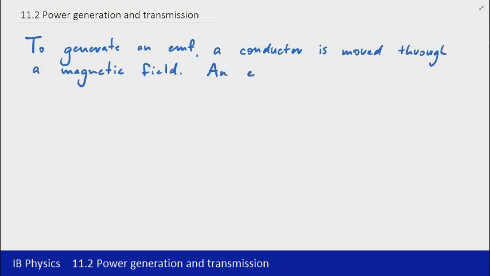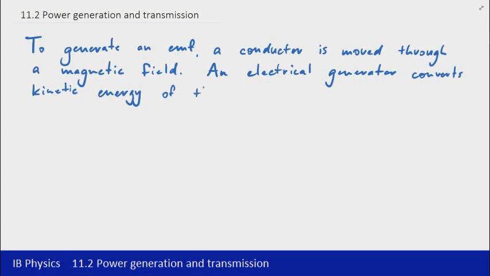An electrical generator is basically just providing a way in which that conductor can continually be moved through a magnetic field. And so as a result, an electrical generator converts kinetic energy of the conductor into electrical energy.